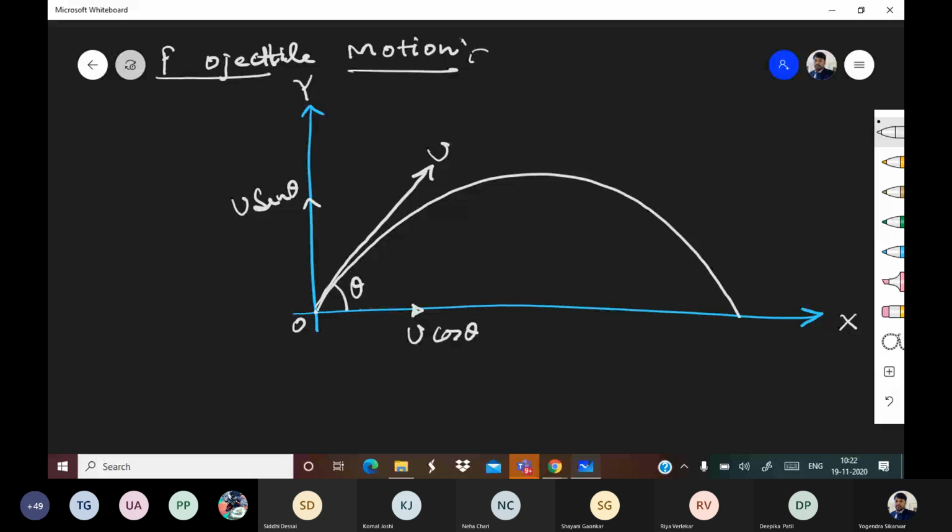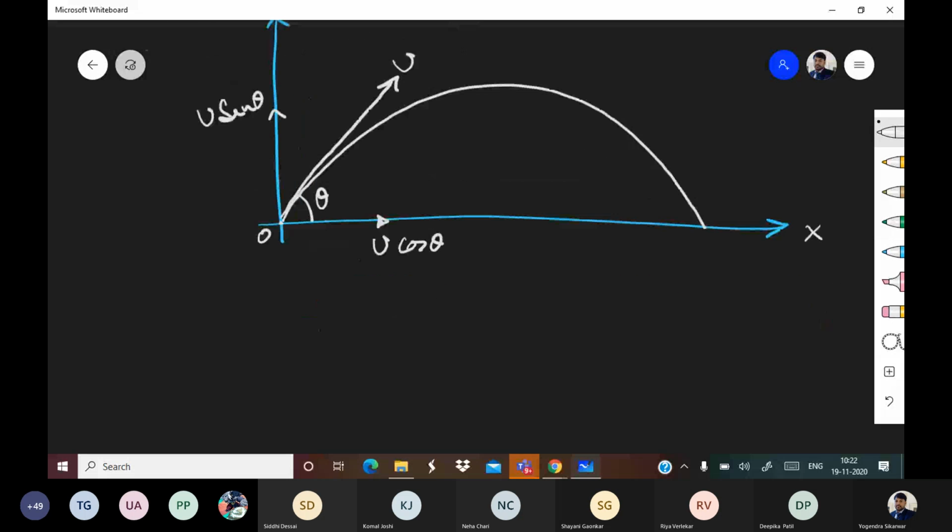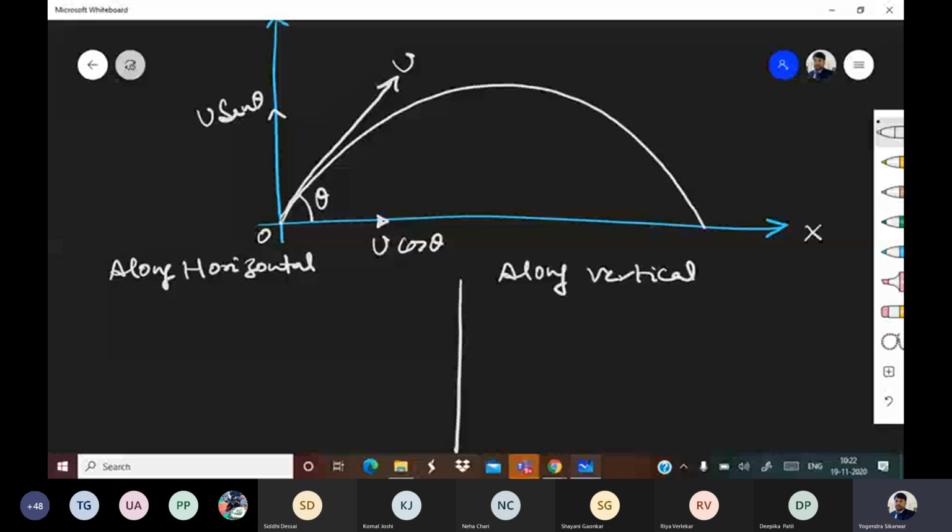So we can resolve this whole thing into two parts, or we can study the motion in two parts. One is along the horizontal and the other is along the vertical. So these are the two parts along which we can study the motion.